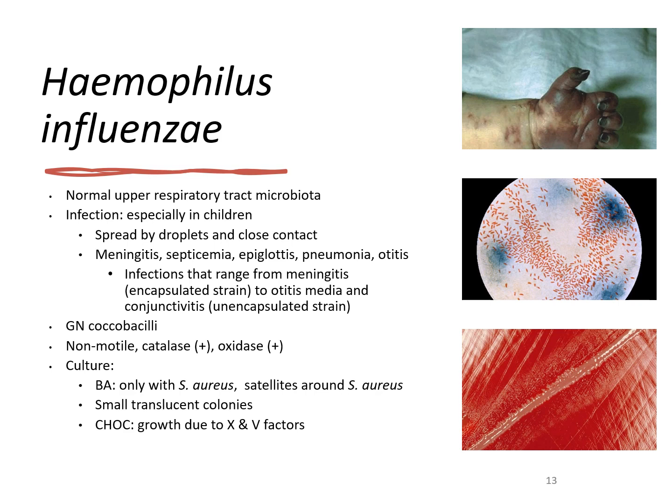These infections can be due to encapsulated strains, which can cause something as severe as meningitis, and then something like conjunctivitis or ear infections with the unencapsulated strains. These are gram-negative coccobacilli. They're non-motile, catalase positive, and oxidase positive.